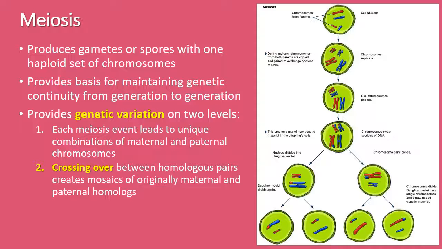In addition, when the two homologous chromosomes line up, they actually exchange genetic information in a process called crossing over, which we'll talk about in more detail as we go forward. This creates mosaics of chromosomes that now have both maternal and paternal genes, so it increases the genetic variation.